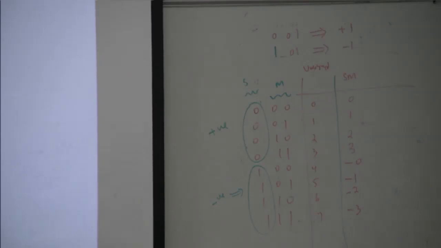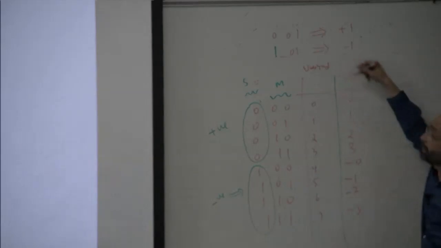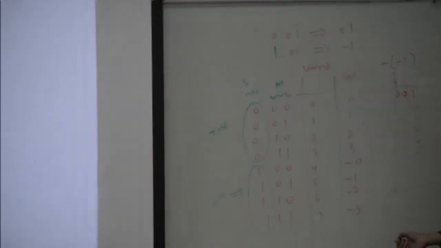If you want to make it negative, we invert the sign bit here. And similarly, this is a negative number, because we want to find the inverse of this. So we just invert this bit. Now we have -1, which is 101, and inverting the sign bit it becomes 001.